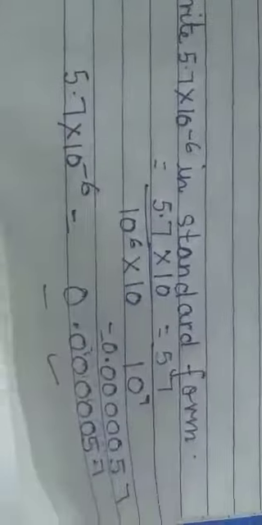So if it is 5.7 times 10 raised to the power minus 6, I can write 57, the decimal was here, and I have to shift it by 6 places. One is already there, so how many zeros do I need to put? 1, 2, 3, 4, 5. Because it was here, I have to shift 6 places: 1, 2, 3, 4, 5 and 6.